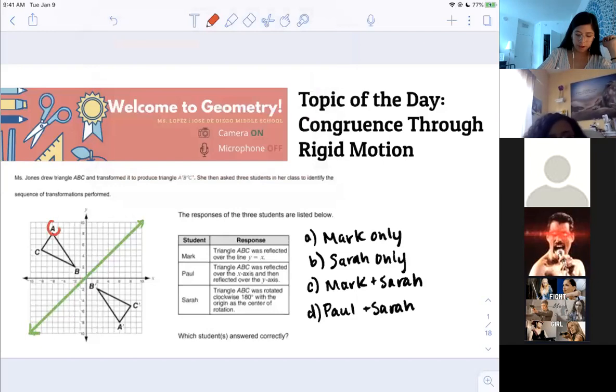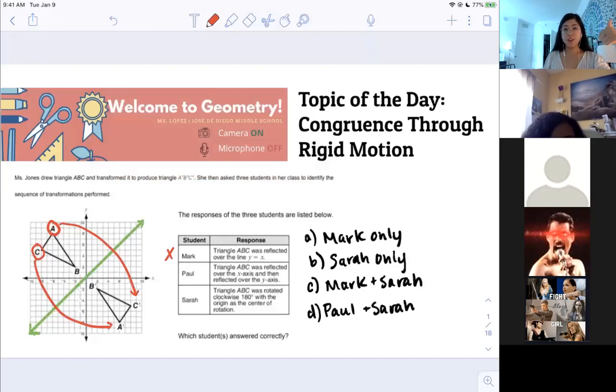So if I flip this triangle, if I folded this in half, where would A be? A would be on C. Right. And C would be on A. A would end up with C, and C would end up with A. And even though the triangle might match up, the letters themselves don't match up. That's why Mark is wrong.